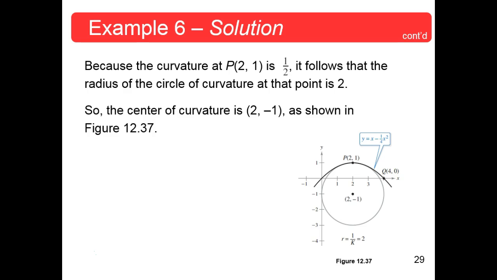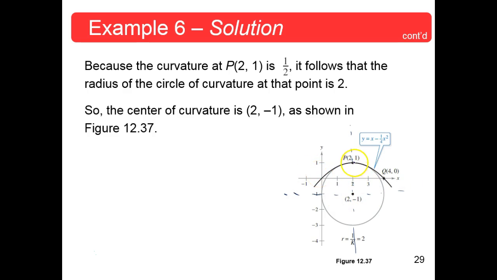We didn't have to do all this. Then they said sketch the circle of curvature at 2, 1. So you did need this. So the circle of curvature at 2, 1, okay, I guess I'll do it in dark. Let's just imagine a new axis here just for drawing the circle.